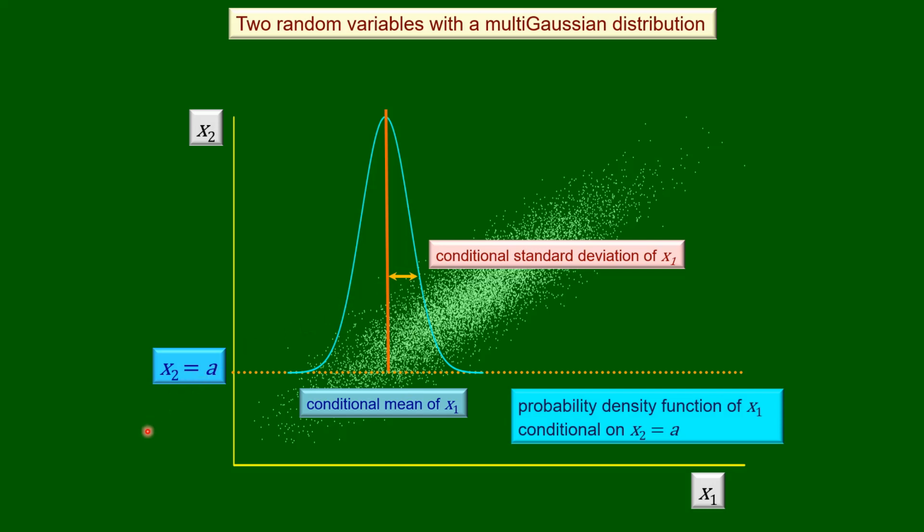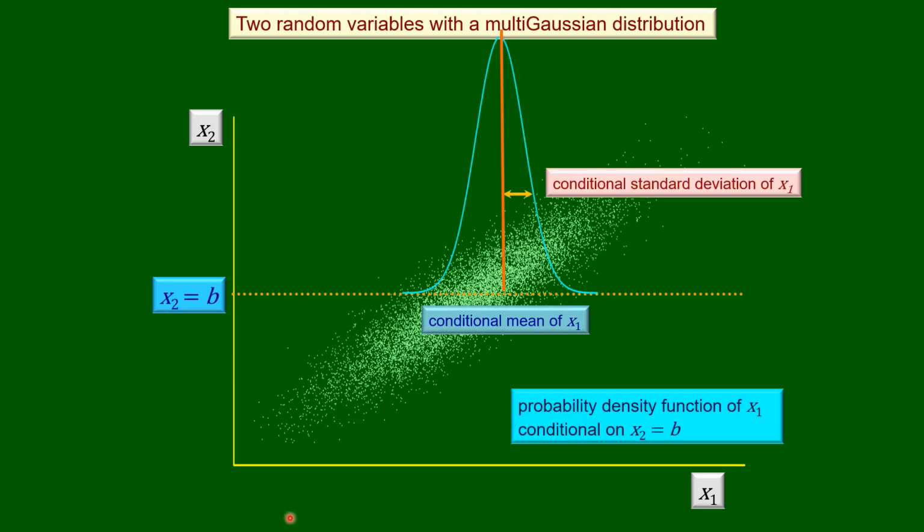This is the effect of conditioning. Knowing x2 does not tell me x1 because they are random after all, but it has information. And what's the definition of information? The ability to reduce uncertainty, and sampling x2 has reduced the uncertainty of x1.